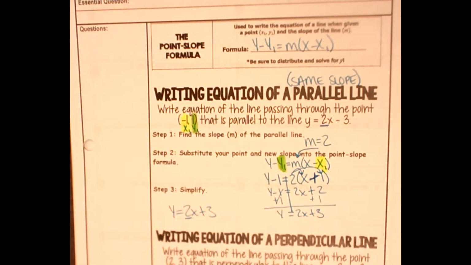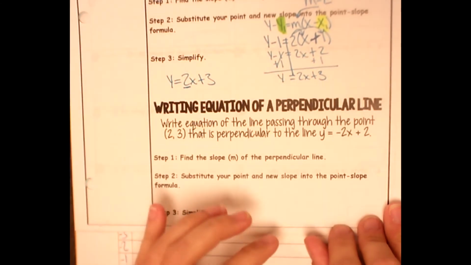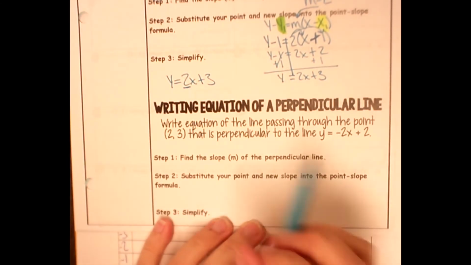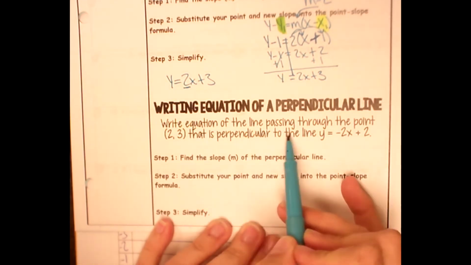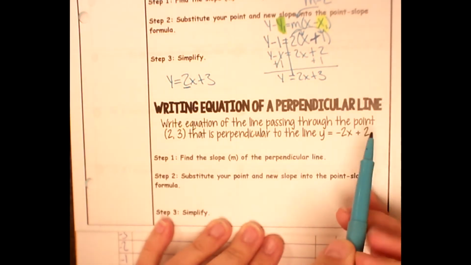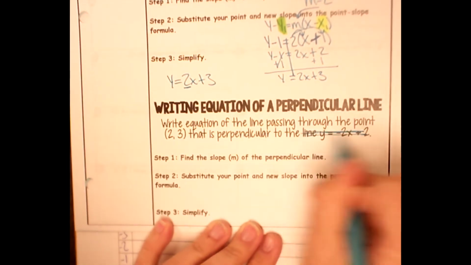The next part we might get asked is to write the equation of a perpendicular line. Look at the bottom example. Now I'm going to see if you're really paying attention to the notes, because I'm going to change them up a little bit. It says write an equation of the line passing through the point 2, 3 that's perpendicular to the line y equals -2x plus 3. Well, sometimes you might not get a line.